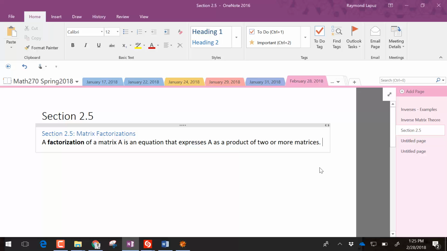Factorization in general breaks a matrix up into a product, not a sum, but a product of 2 matrices. Kind of like when you factor a number, you factor 14 into 2 times 7. It's the same kind of idea, except it's probably not that easy.